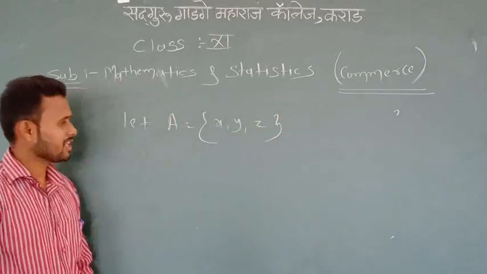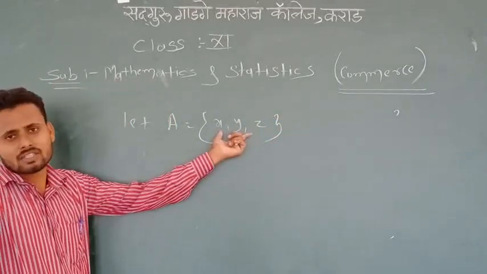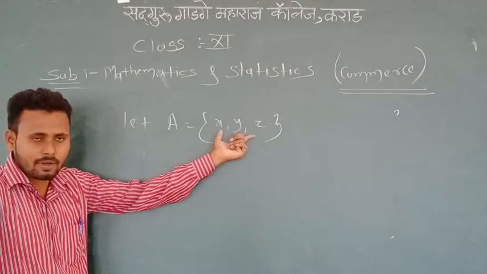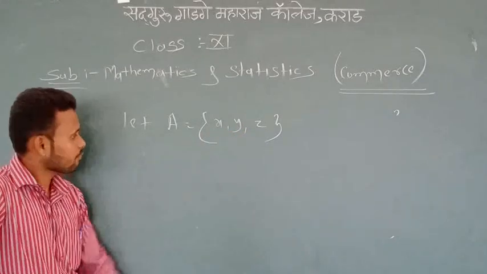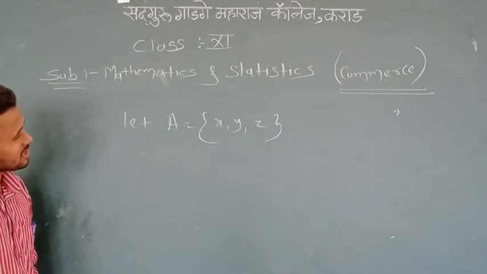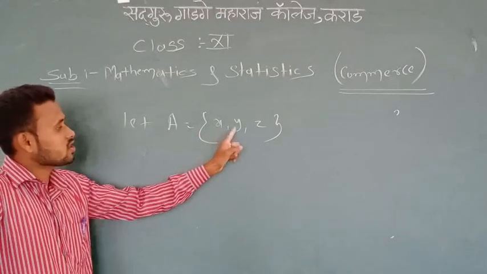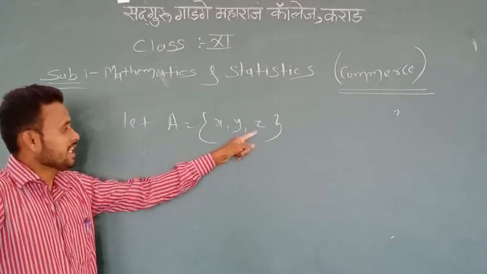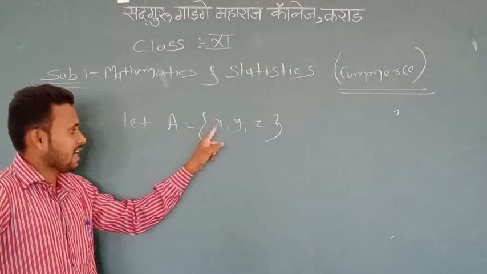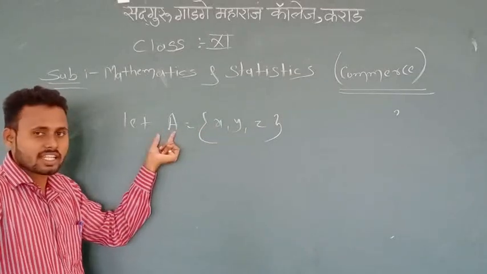It is a set. Why is it a set? Because all the alphabets are well defined, therefore it represents a set. Now here A represents a set, and small x, small y, small z are the elements of the set A.